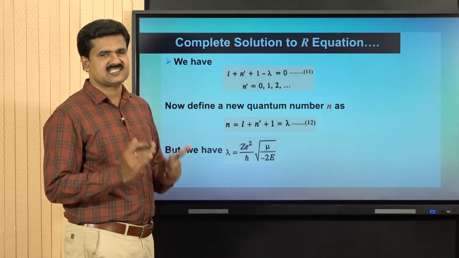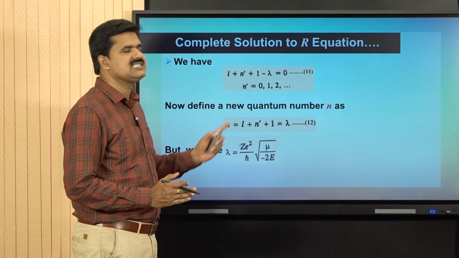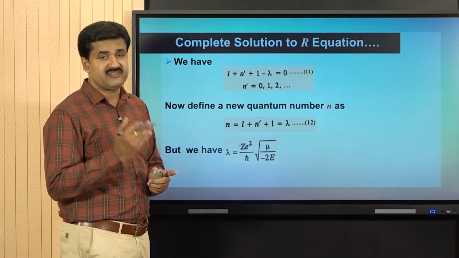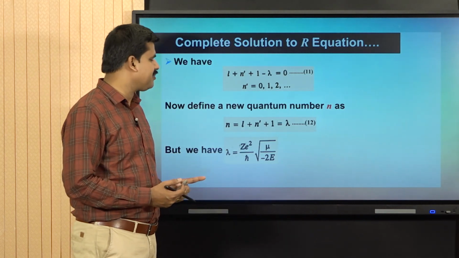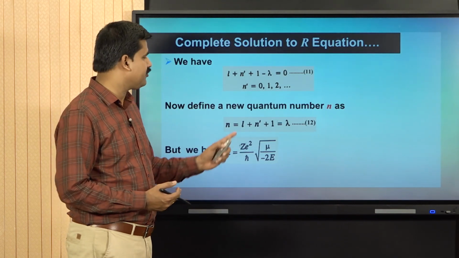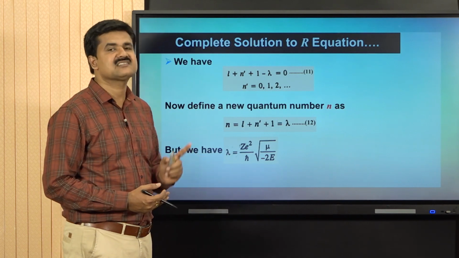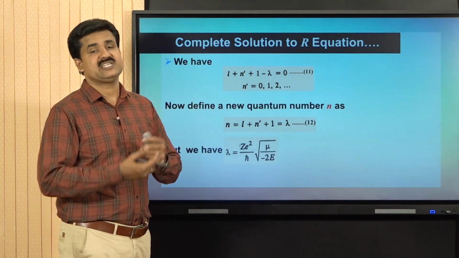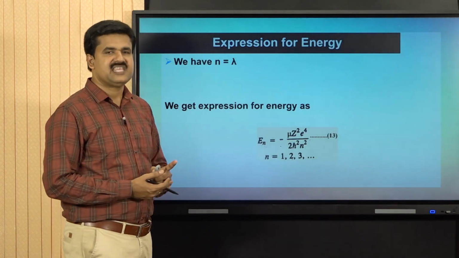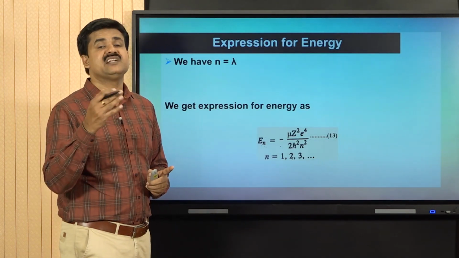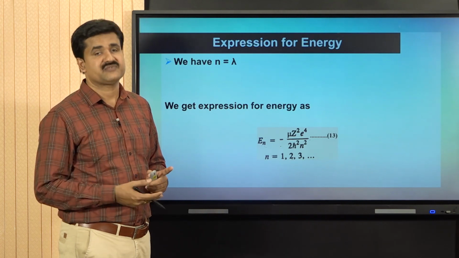And now it is assumed that lambda is equal to n. So we can say that n is equal to Z square by h cross into root of mu divided by minus 2E. That equality between lambda and n enables us the determination of energy of the system.